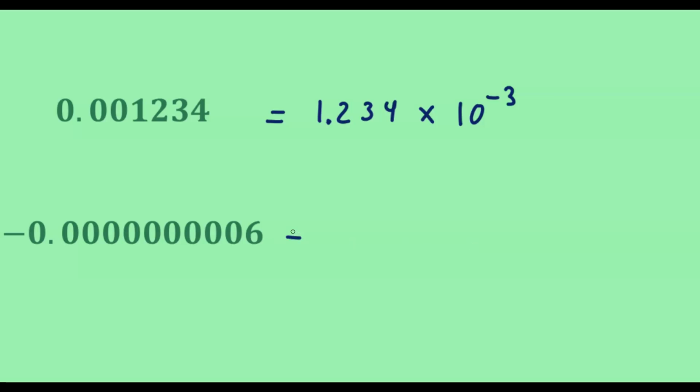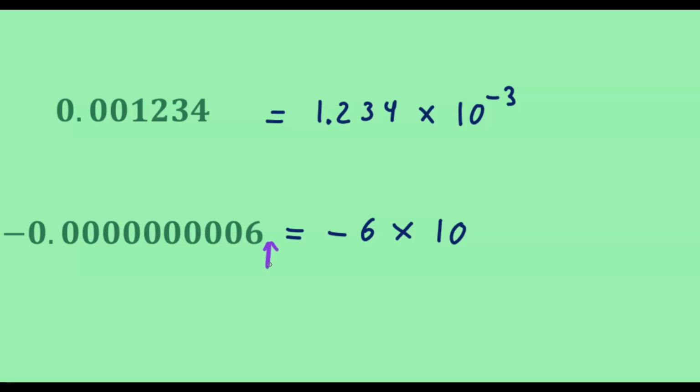Let us consider the next one. We have negative 0.0000000006. So let us consider the first non-zero digit, that is 6. We'll write that along with the sign. So we have negative 6. And we'll multiply this with 10 to the power of something. Now the place right after the first non-zero digit is over here.